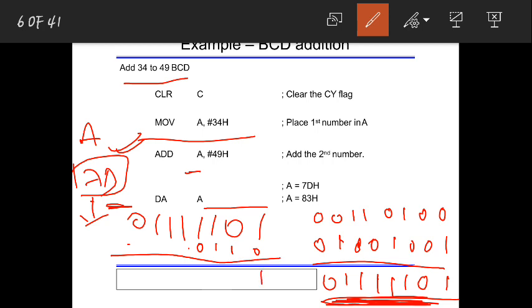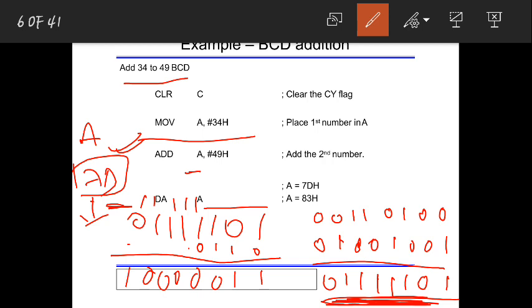1 plus 0 I get 1, 0 plus 1 I get 1, 1 plus 1 is 0 with a carry 1, 1 plus 1 is 0 with a carry 1, 1 plus 1 again 0 with a carry 1, again 0 with a carry, and 1.